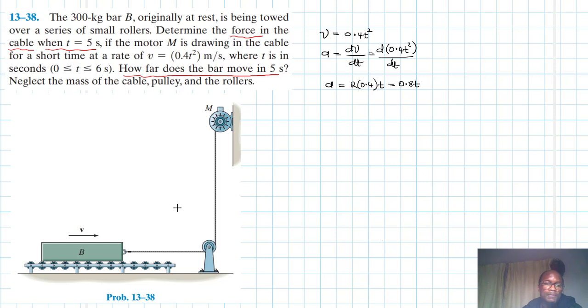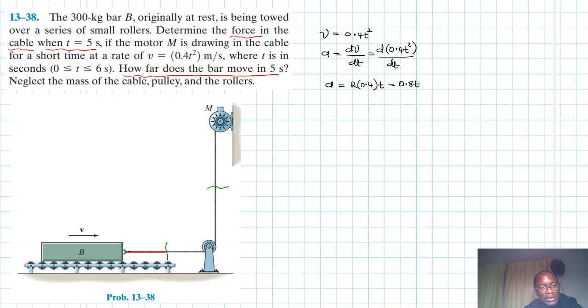So let's use this to compute the force. Again, here we don't have any friction. It's just rolling over these series of small rollers. So we know that when velocity is equal to 0, t is equal to 0 as well, for the boundary conditions.